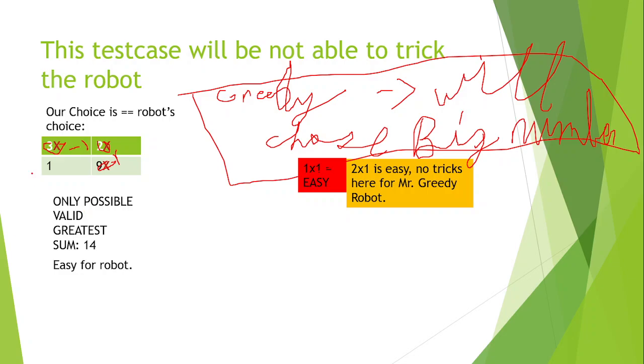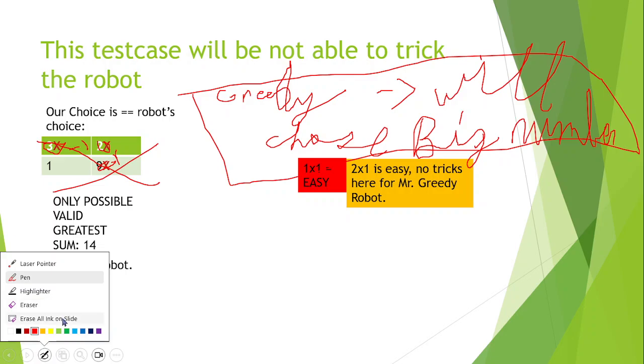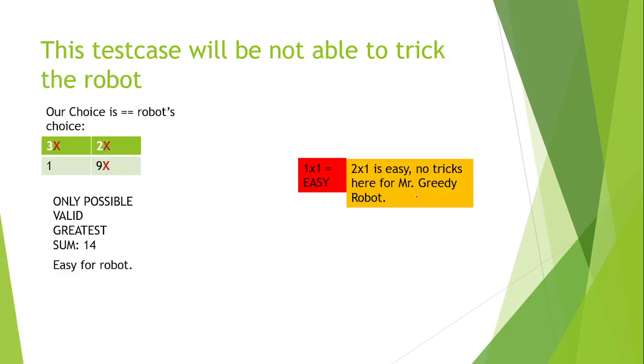So this is 2 by 2 grid. A 1 by 1 grid is absolutely easy, because for example, you start at this location and then your journey ends.